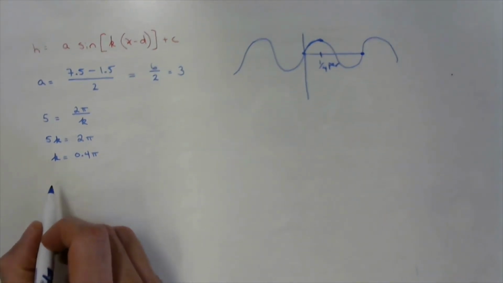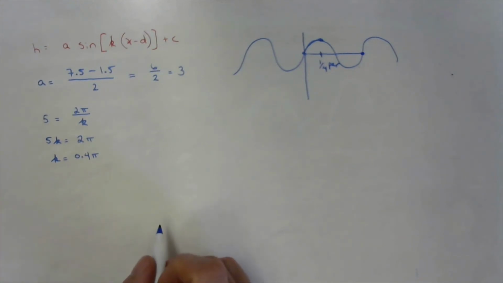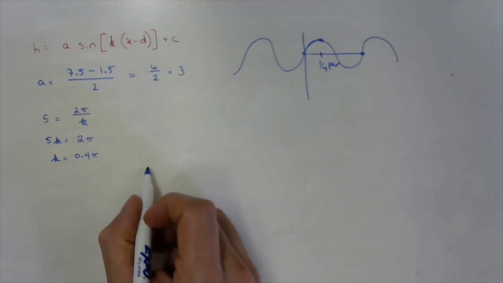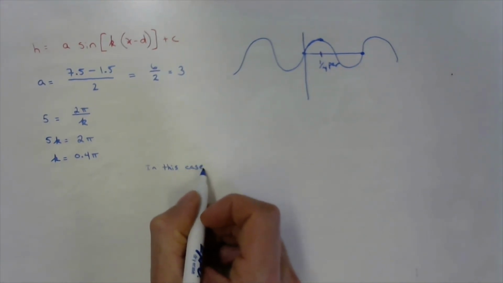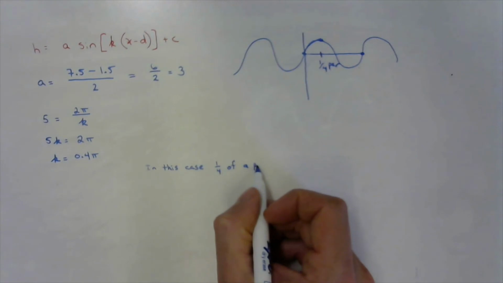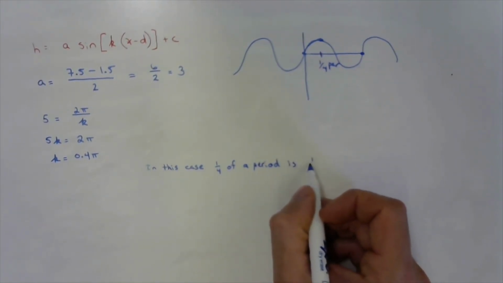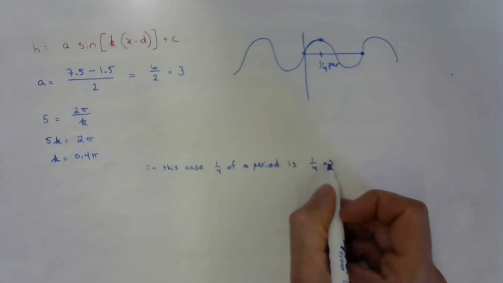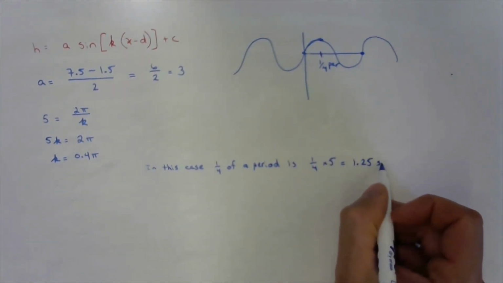Maybe take a few notes if you have a little bit of space there underneath the bracketed. In this case, 1/4 of a period is 1/4 times 5, which is 1.25 seconds.